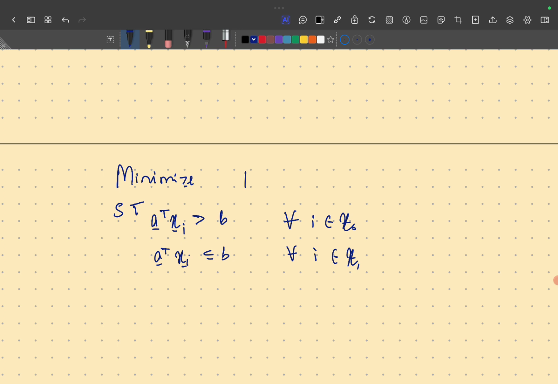Right. So this is the most basic version, and this is what is called a satisfiability problem, because you want to know if there is a point that satisfies the constraints.